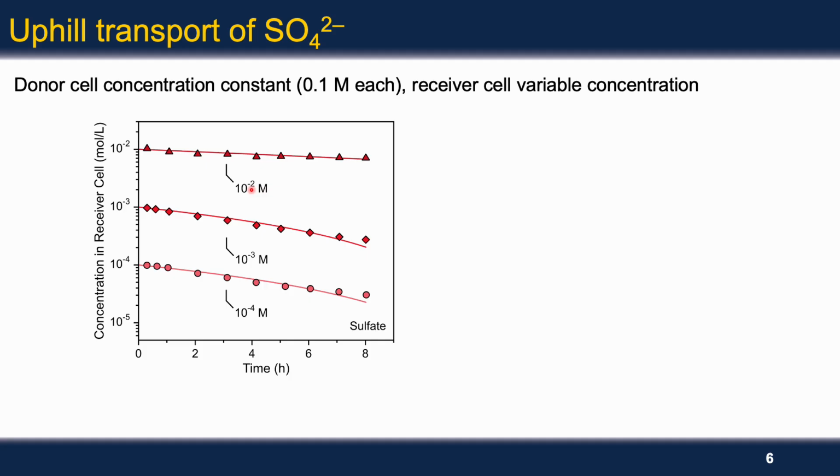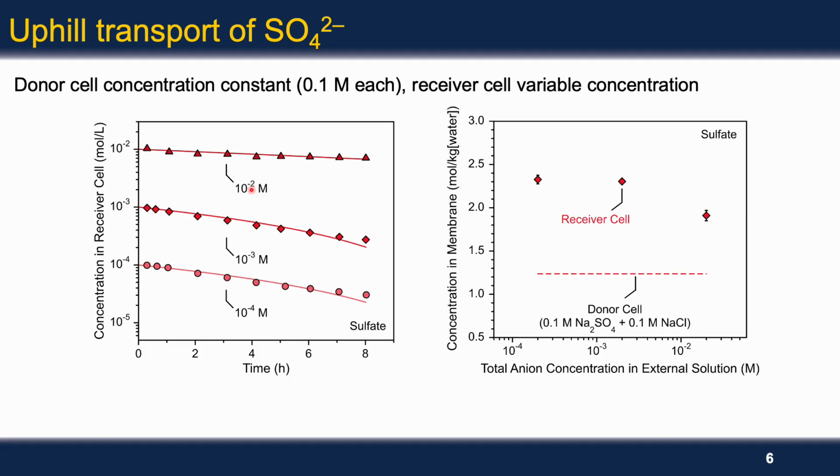We also performed partitioning experiments where we mimicked each side of the membrane, the side that faces the receiver cell and the side that faces the donor cell, and we measured the equilibrium concentrations of sulfate in the membrane. The dashed line represents the concentration of sulfate in the donor cell, which is a constant value, and the symbols represent the concentration of sulfate in the receiver cell.